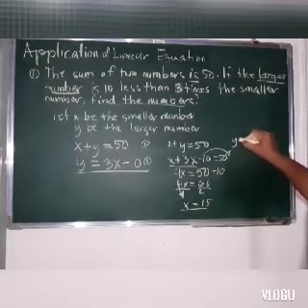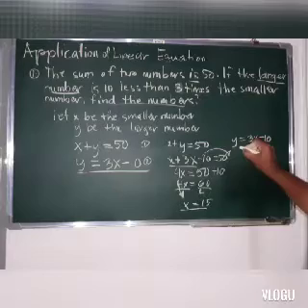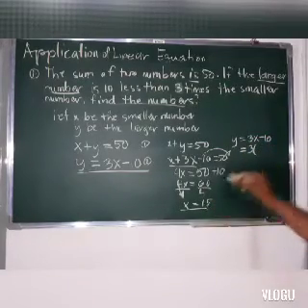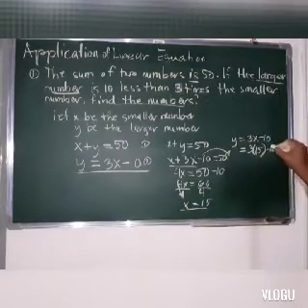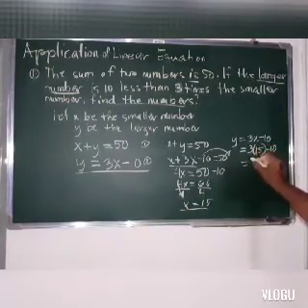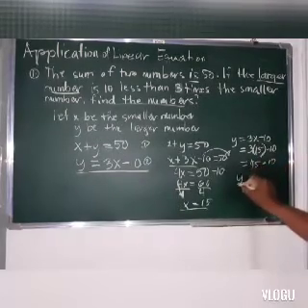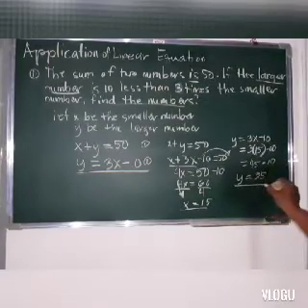So, y now is equal to 3x minus 10. So, copy 3, substitute x, which is 15, minus 10. So, 15 times 3 is 45, minus 10. Then, y is equal to 35.